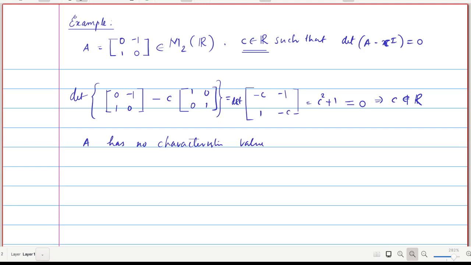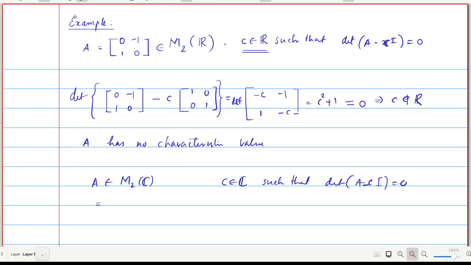On the other hand, consider A as an element of M2C rather than M2R. In that case, these complex numbers are going to be the characteristic values. That means C belongs to C, instead of R, such that determinant of A minus Ci equal to 0.